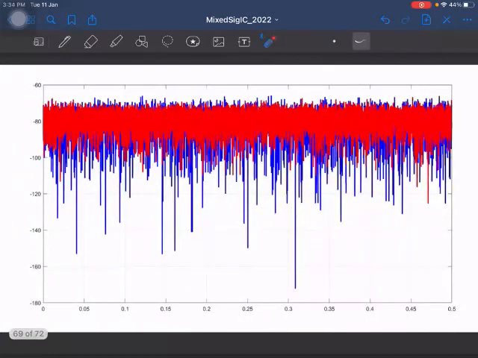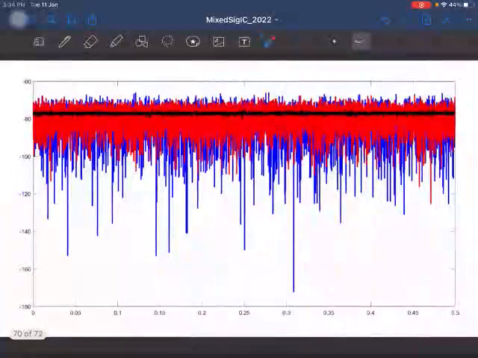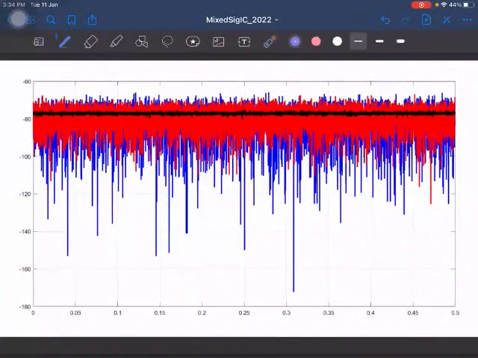The next figure, the red portion, is one more periodogram estimate. That is, I've recorded the signal once again, and I've taken the mod squared Fourier transform. Again, we can see that there is a lot of variation between the first periodogram estimate and the second one, that is the blue one and the red one. Next, I take multiple such mod Fourier transform square estimates, that is mod X of omega square estimates, and then average.